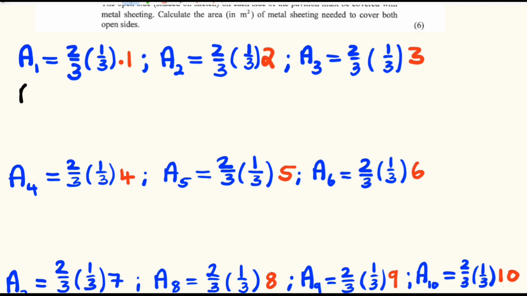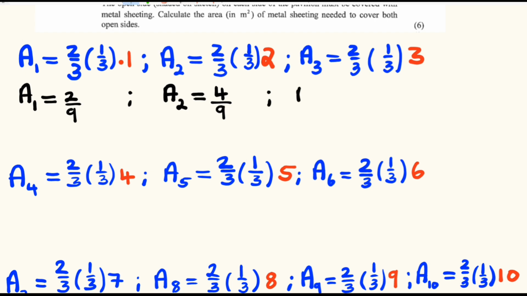So area number 1 will be equals to 2 multiplied by 1 multiplied by 1 will be equals to 2. And in the denominator, 3 multiplied by 3 is equals to 9. Area number 2, 2 multiplied by 1 multiplied by 2 will be equals to 4 in the numerator, and in the denominator 3 multiplied by 3 is equals to 9.